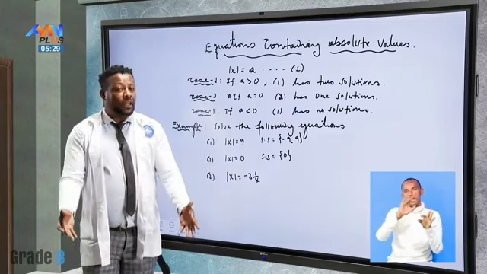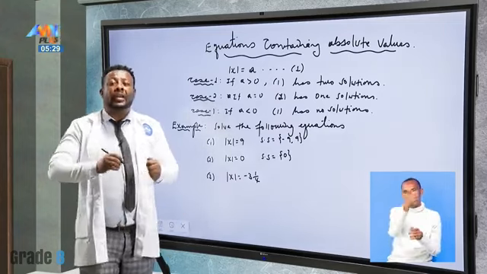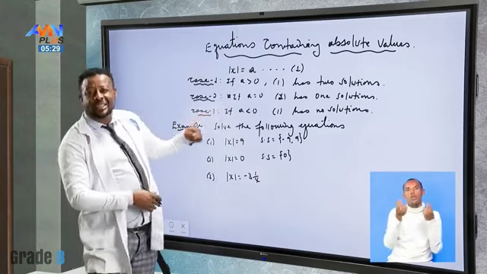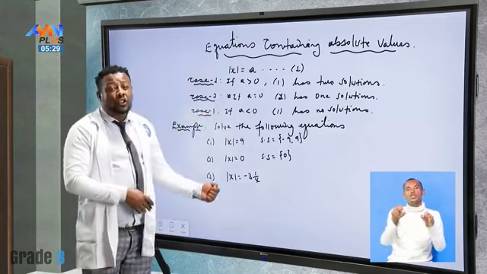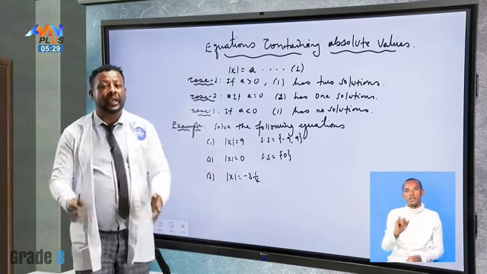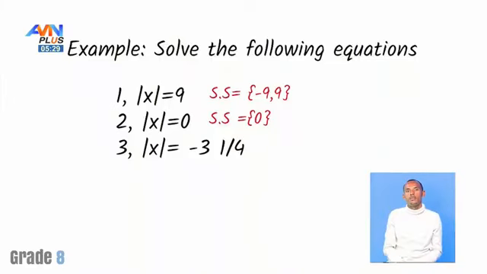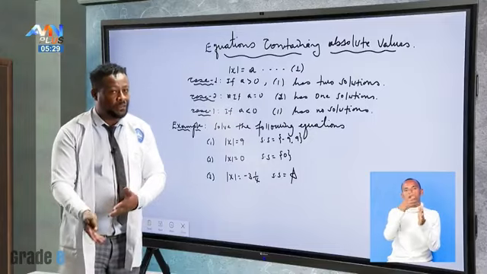Based on the definition, absolute value of anything cannot be negative. So the solution set for the C part is the empty set. There is no x value whose absolute value becomes negative, right?